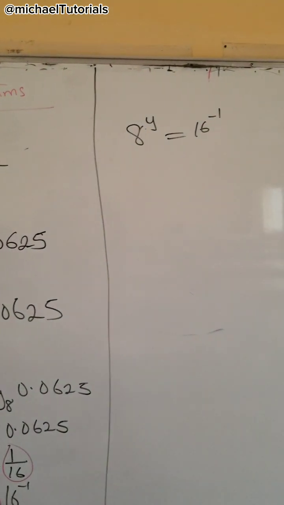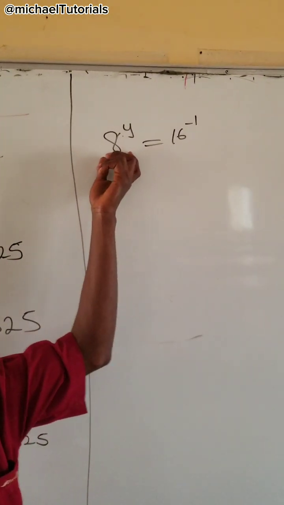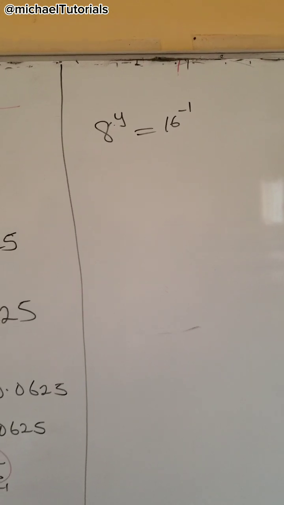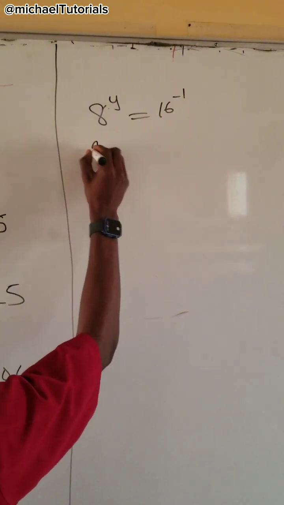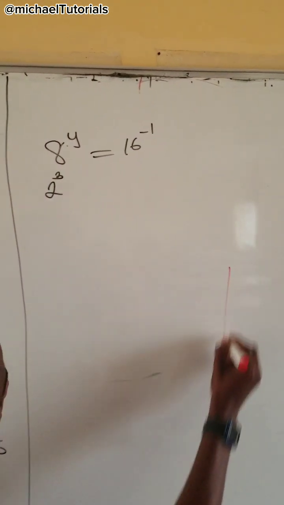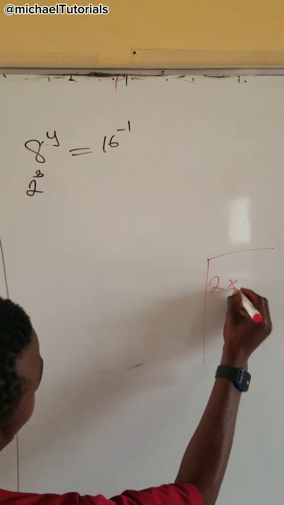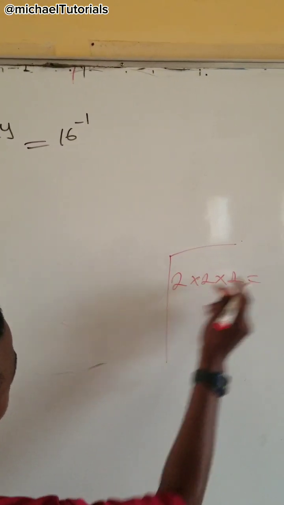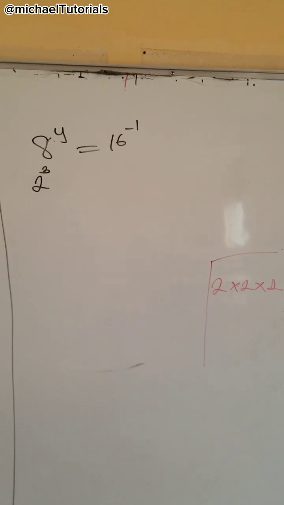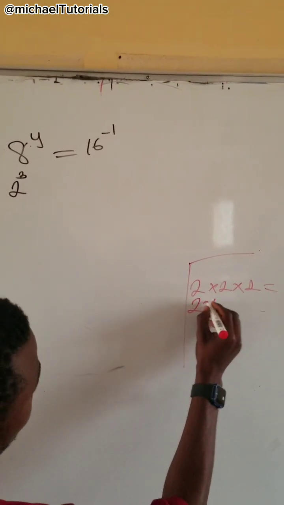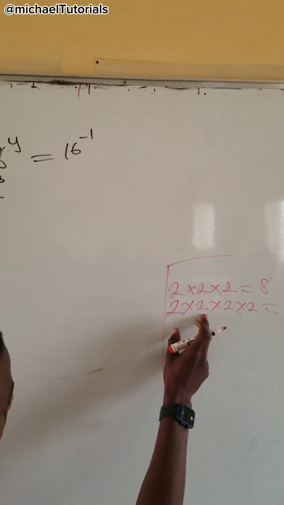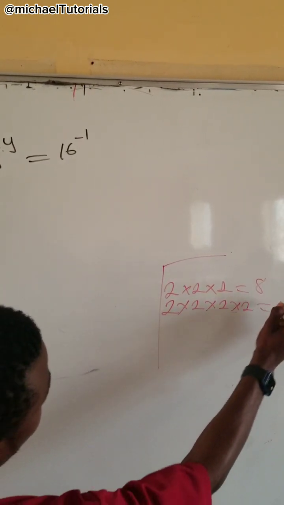Now let us look for that number that will operate here and here. Can 2 do that? Let's see. If we have 2 to the power of 3, that is 2 times 2 times 2, 2 times 2 is 4, 4 times 2 will give us 8. Now 2 to the power of 4 is 2 times 2 times 2 times 2, which gives 16.